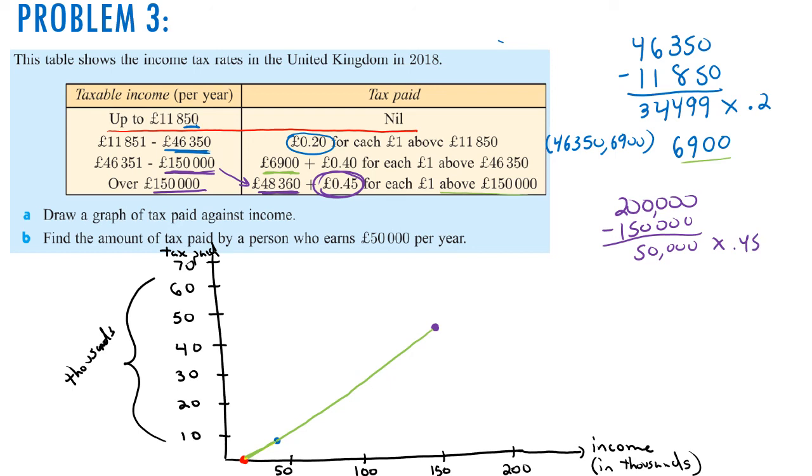So I'm going to get 22,500. Now that I have that, I will add the 48,360 to it. So you have 70,860. So you're looking at about here. And so it curves up a bit more, going on to infinity.